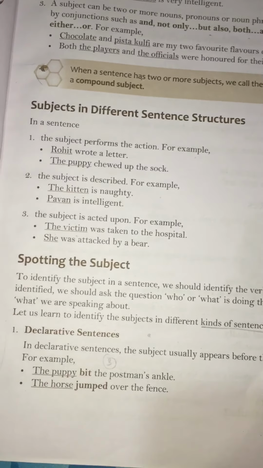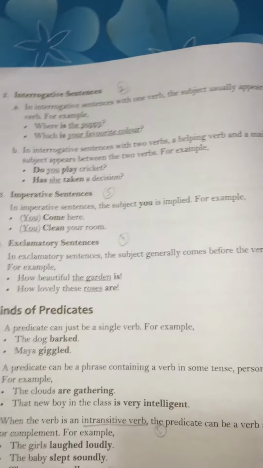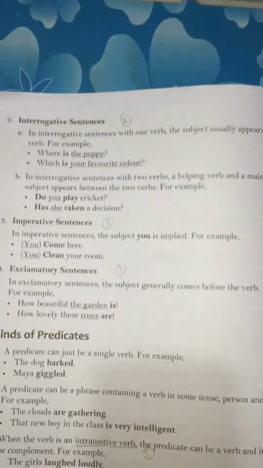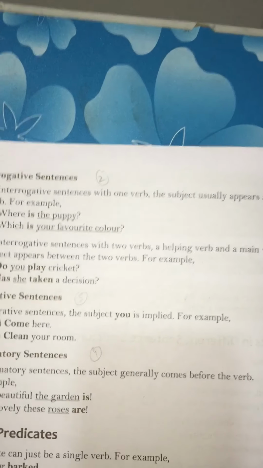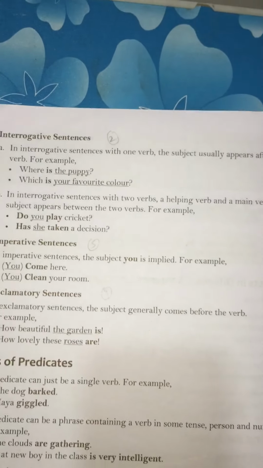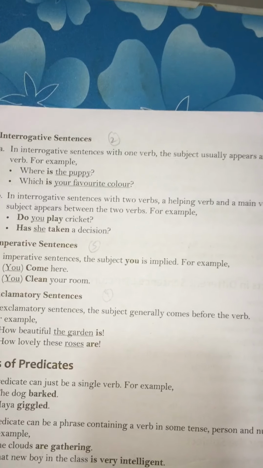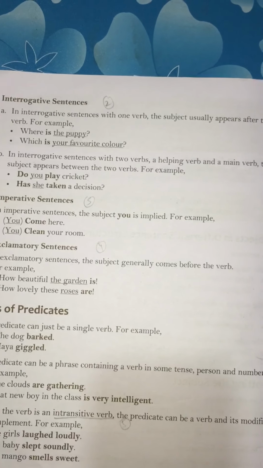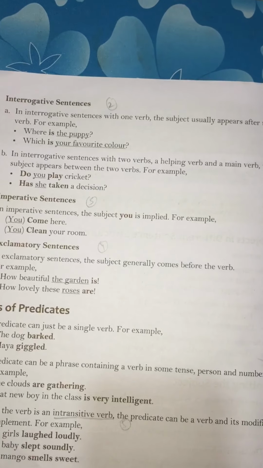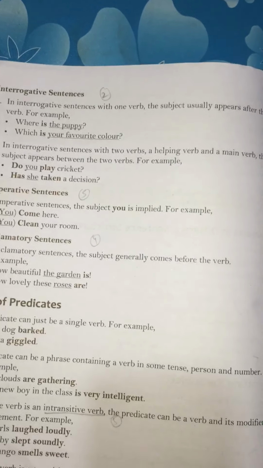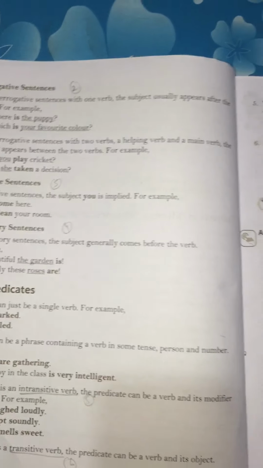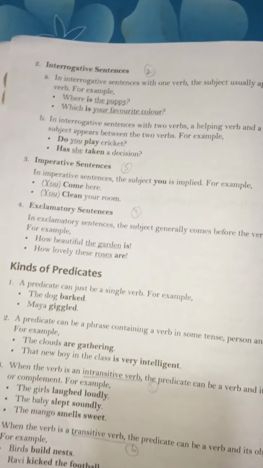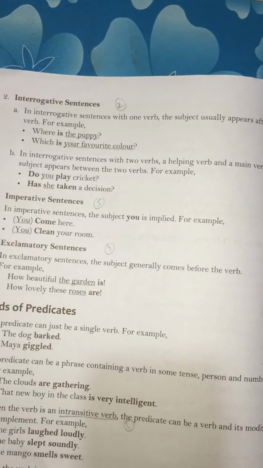Now interrogative sentence. In an interrogative sentence with one verb, the subject usually appears after the verb. For example, where is the puppy? Which is your favorite color? So what do you understand by interrogative sentences? These types of sentences ask a question and end with a question mark.